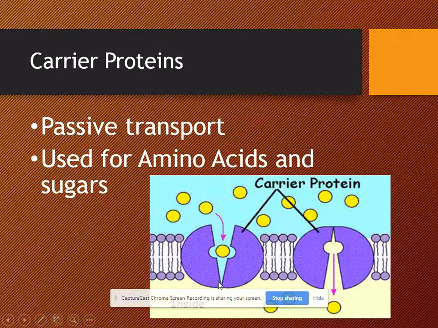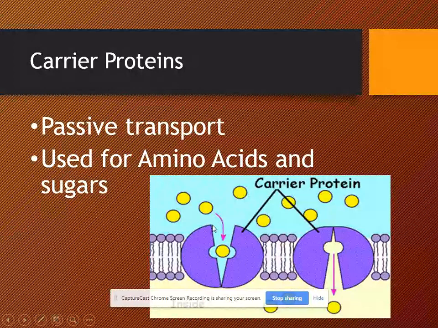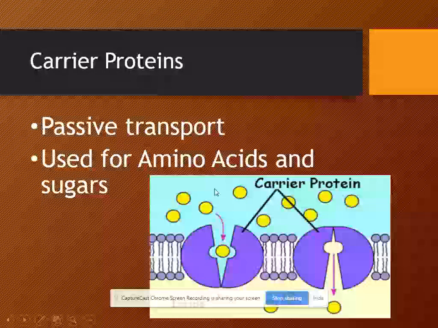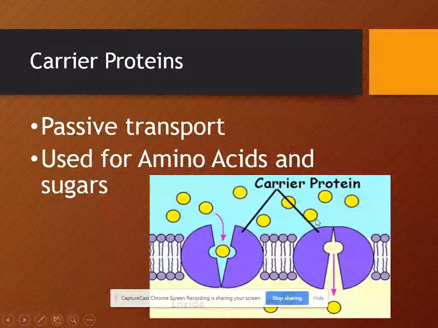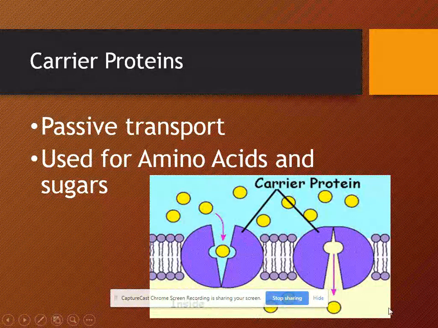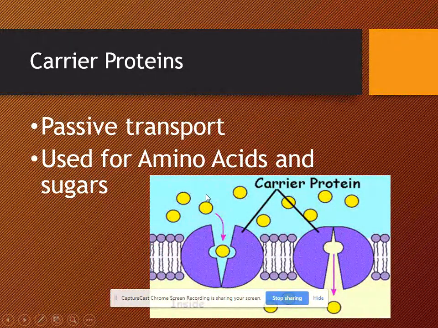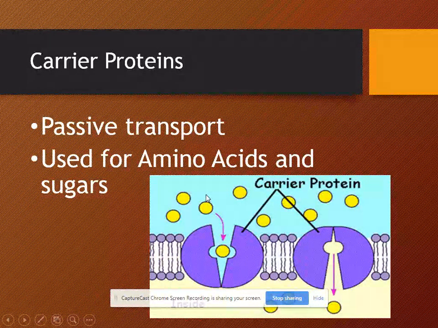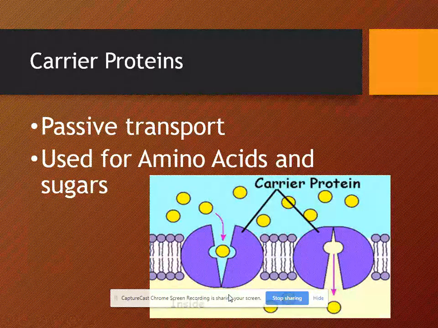But here's my carrier protein. The white part is the inside of the cell. The blue part is the outside of the cell. There are more carrier proteins on the outside than inside, so higher concentration outside, lower concentration inside. And remember, passive transport moves from high concentration to low concentration.